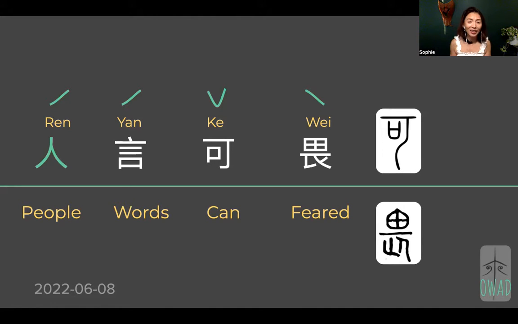Translated into English, it would be: people's words can be feared, or can be damaging. That's the grammatically correct English way of interpreting 人言可畏.